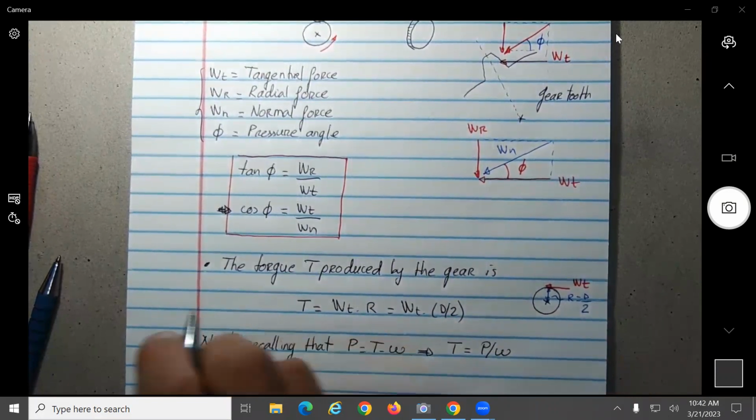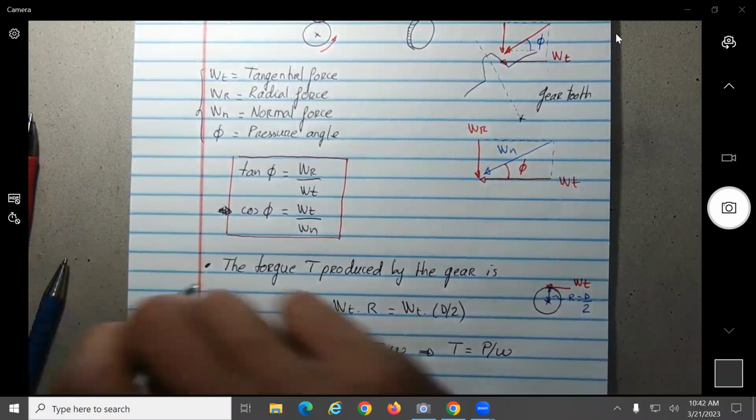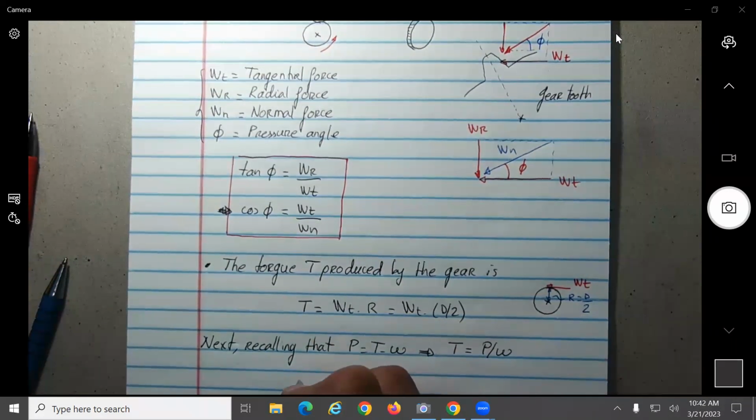So T equals P divided by omega, which equals WT times D divided by 2, using the diameter.